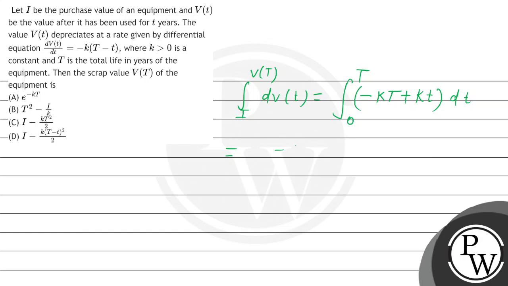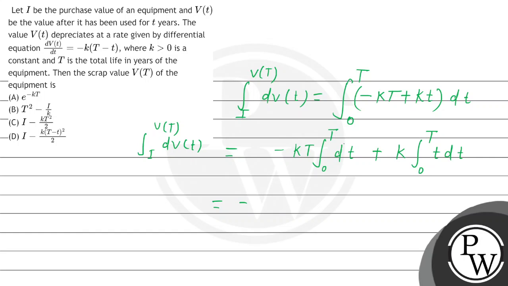So minus kT, both are constants, so we write dt from 0 to T, and plus k is a constant, so we take it outside the integration, and t dt, and here we can write the integral from I to V of T of dV.